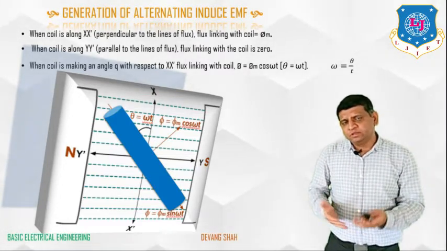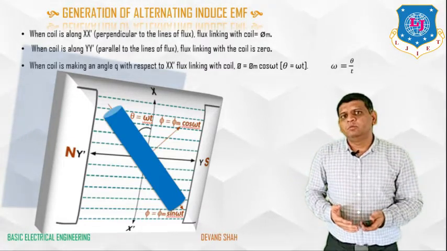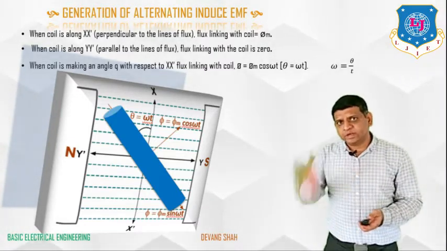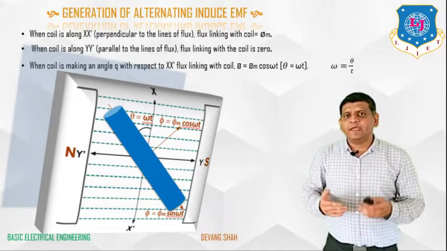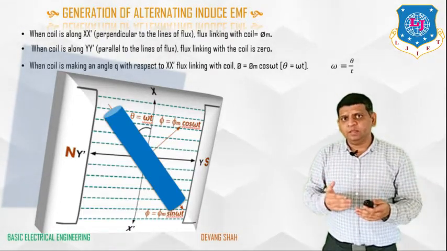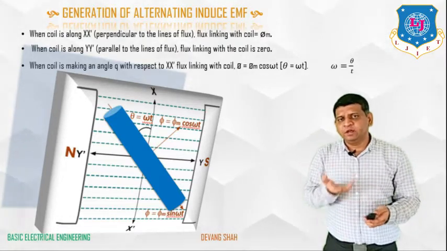So ultimately once this conductor is rotating in an anti-clockwise direction, that will attain the angular positions of angle 0, 90, 180, 270, and that will again come to 360.